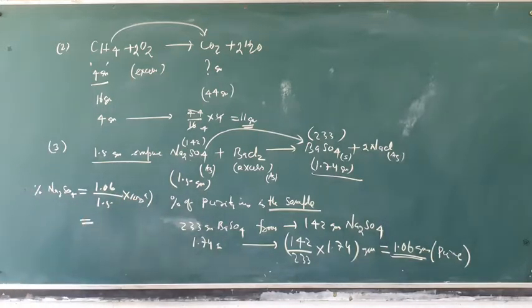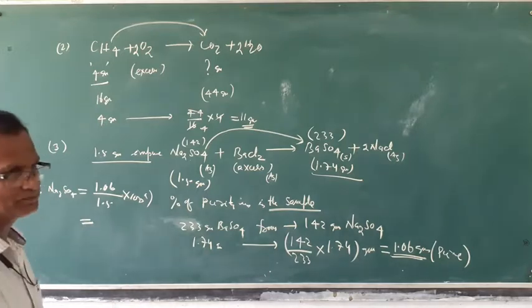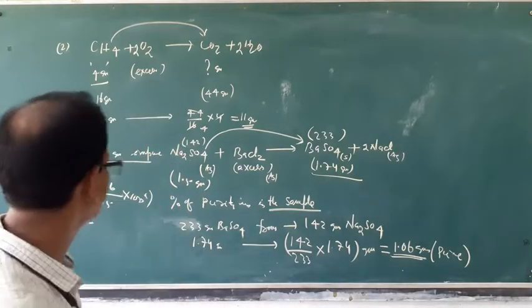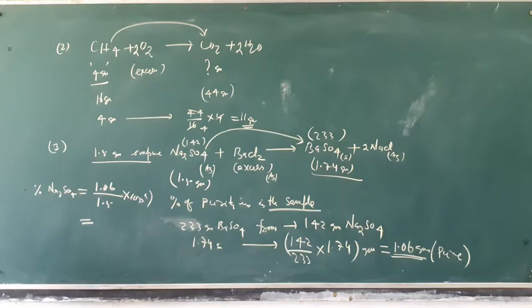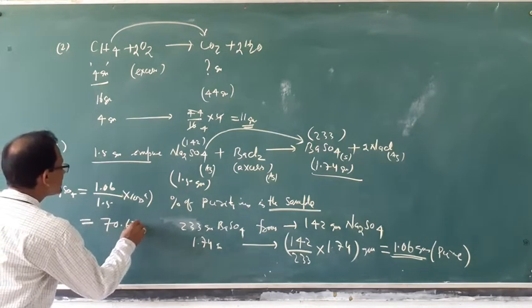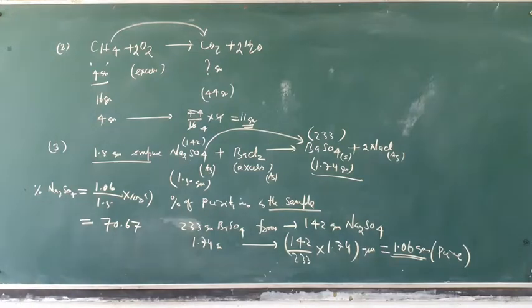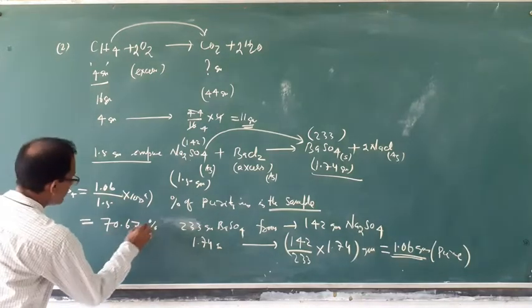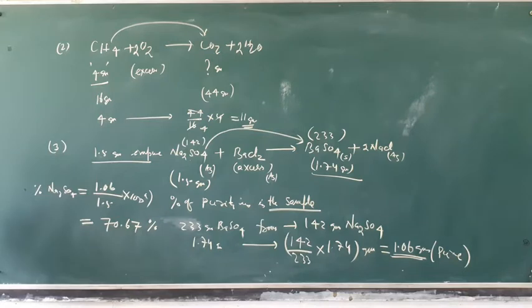So what will the result be? Pause the video and calculate. Try to calculate. Okay. Result is 70.67%. This is the percentage of sodium sulfate in the mixture.